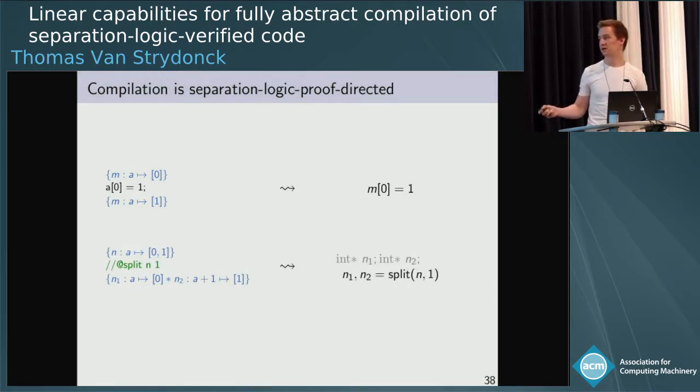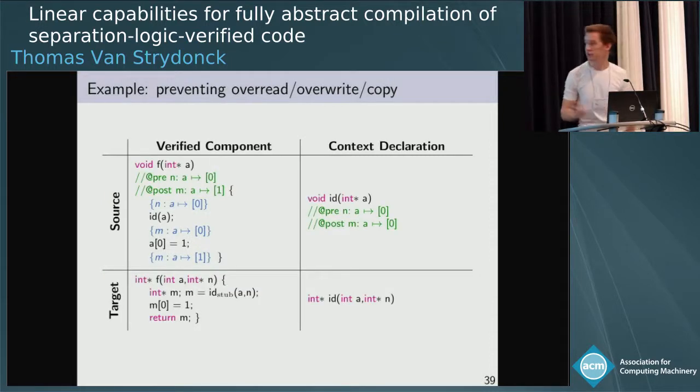We're going to compile this down to a built-in target function called split, which splits the corresponding linear capability at the same index here. So the idea of our compiler, to reiterate, is to compile operations on separation logic resources down to corresponding operations on linear capabilities.